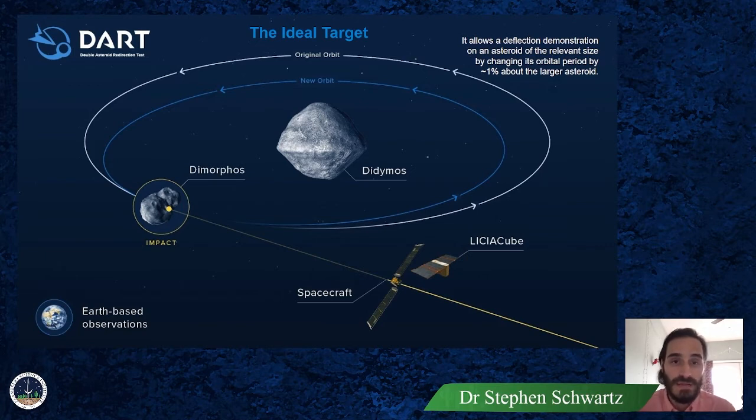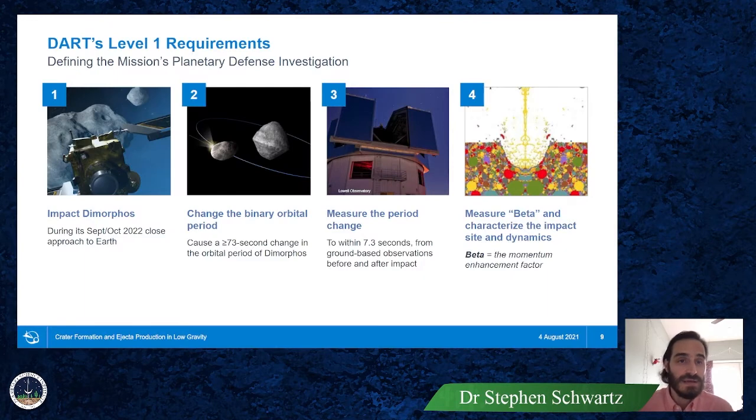Okay, and the next slide, these are the level 1 requirements. The first one is to impact Didymos. So hopefully that occurs. That's fairly important to the success of the mission.